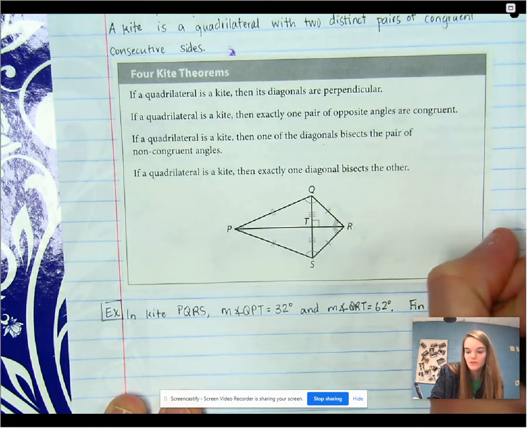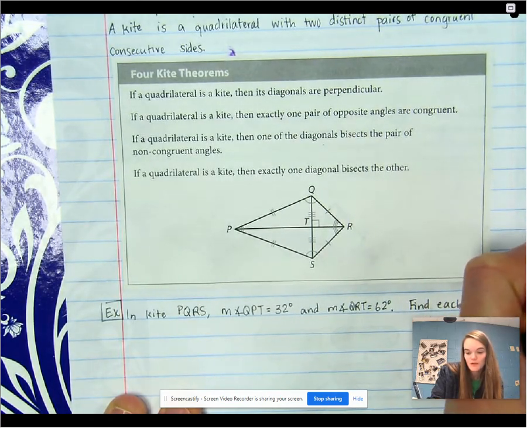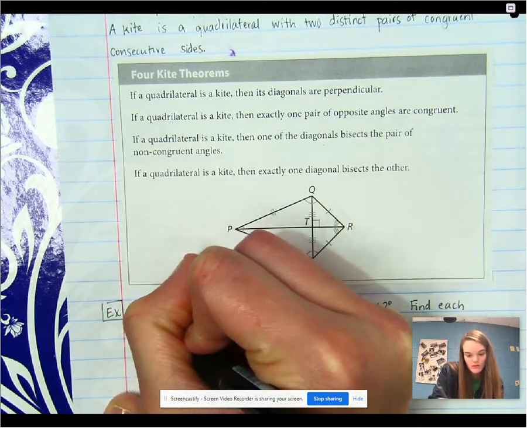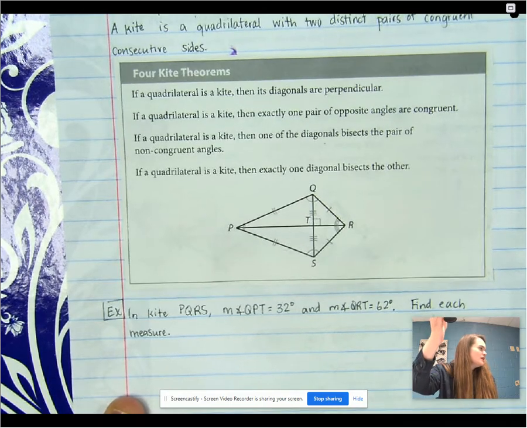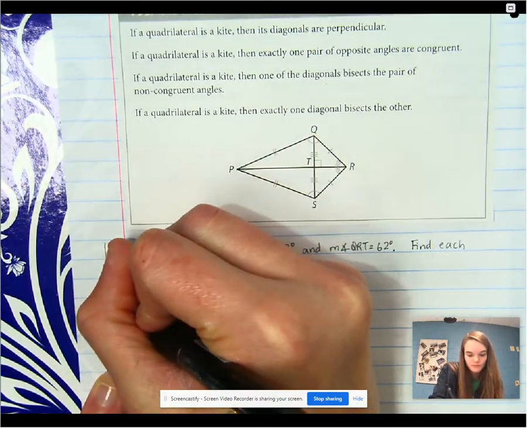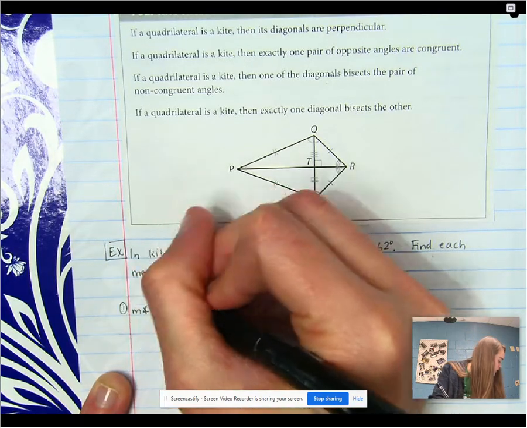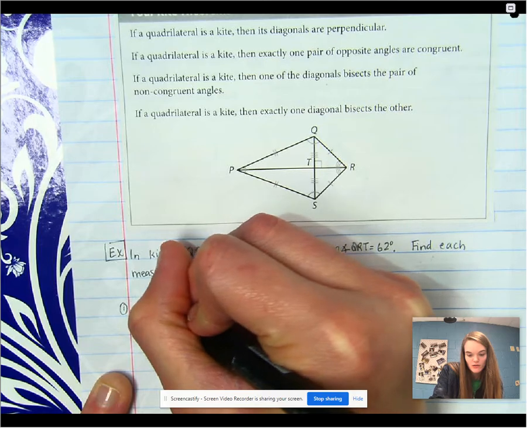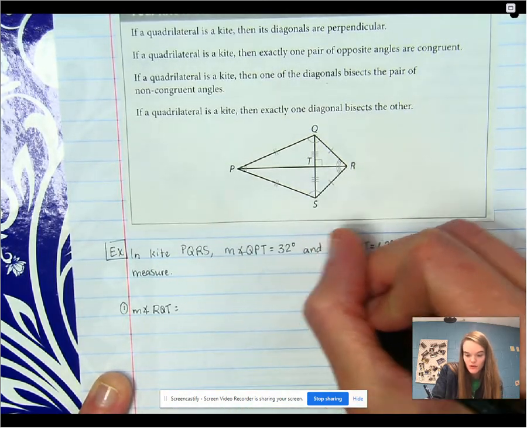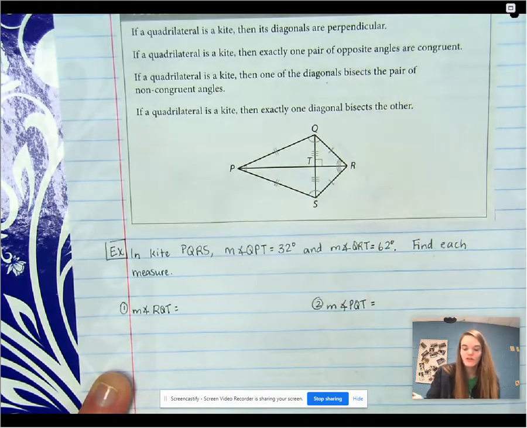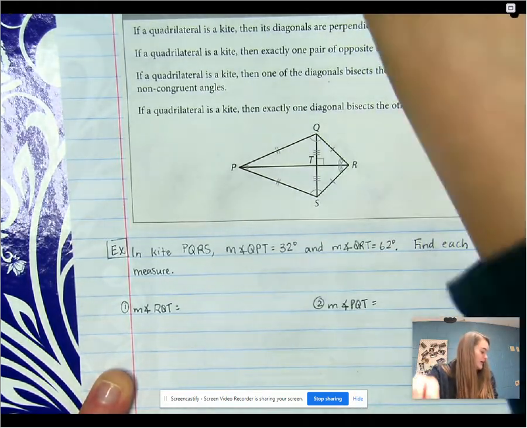Find each measure. Number 1, you're finding the measure of angle RQT. And number 2, you're finding the measure of angle PQT. We're going to talk about what each of these means by looking up here and what we got.